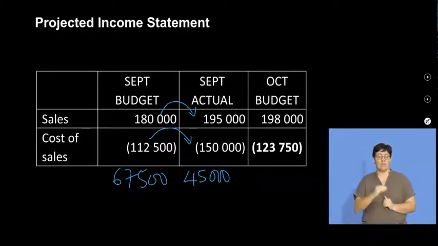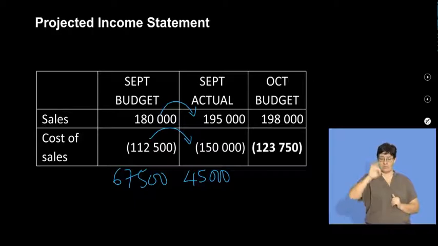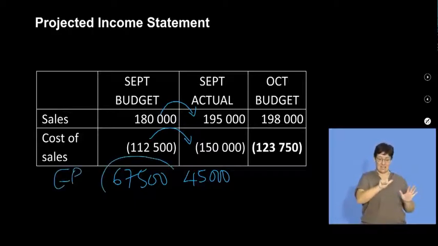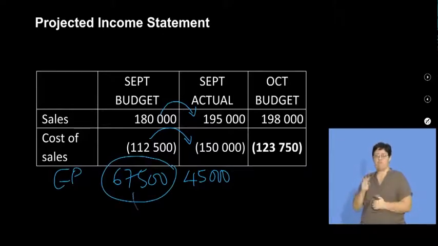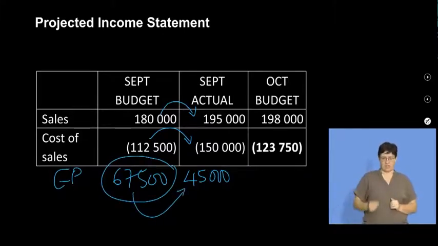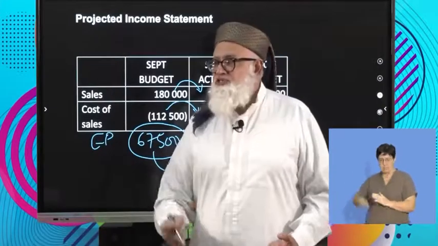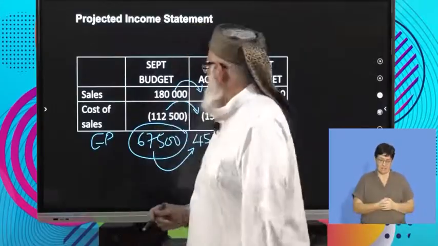Therefore, this means that your gross profit has actually decreased from 67,500 to 45,000. And clearly now, this strategy has not worked for her. As you can see, although the sales increased, your profits actually decreased.